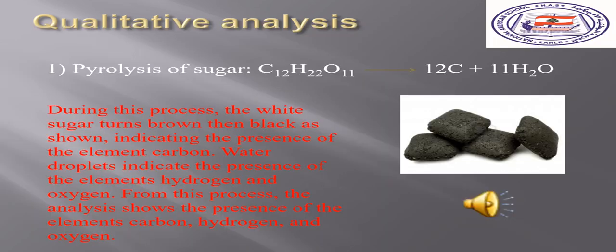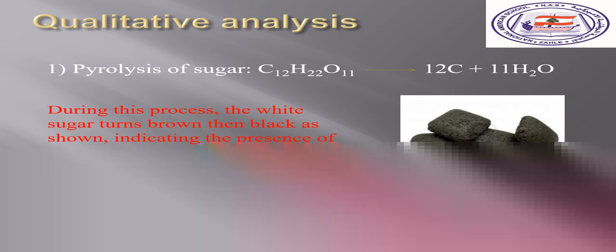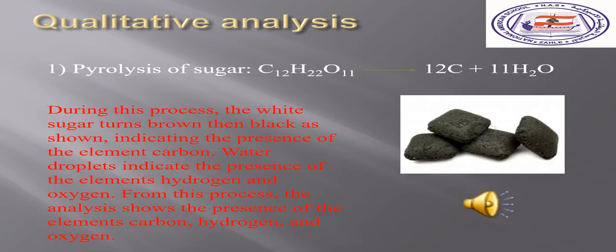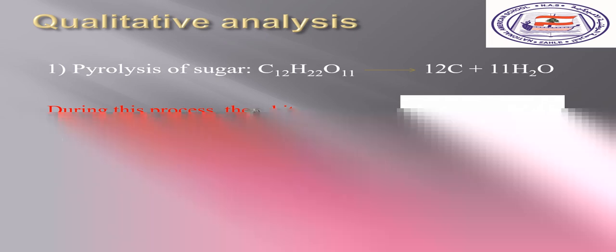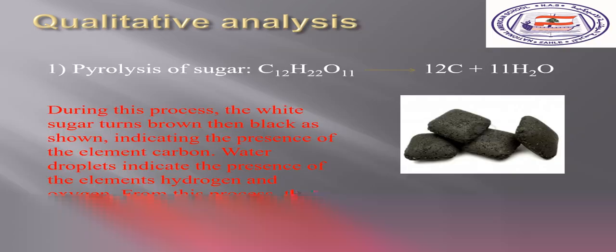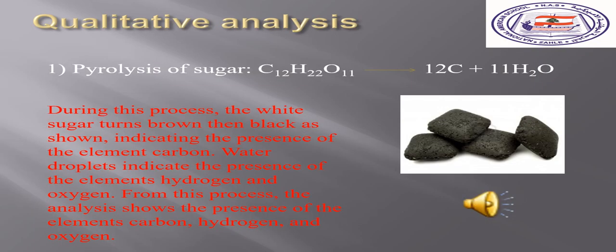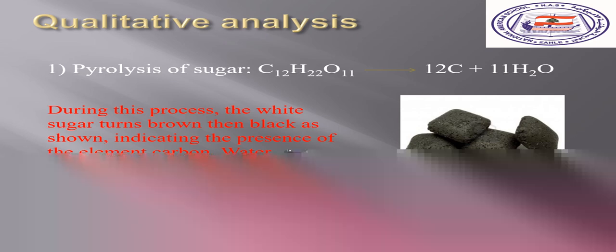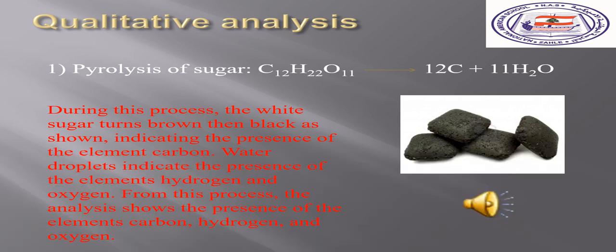So let's recap. You put a small amount of white sugar on a spoon and you expose it to open flame. You will notice that after a short period of time, the white sugar will start to turn brown and you will see a liquid forming, and when the liquid totally evaporates, you end up with a carbon deposit. From this analysis, we can conclude that since we have a black deposit, which is carbon, in the sugar we have the element carbon.